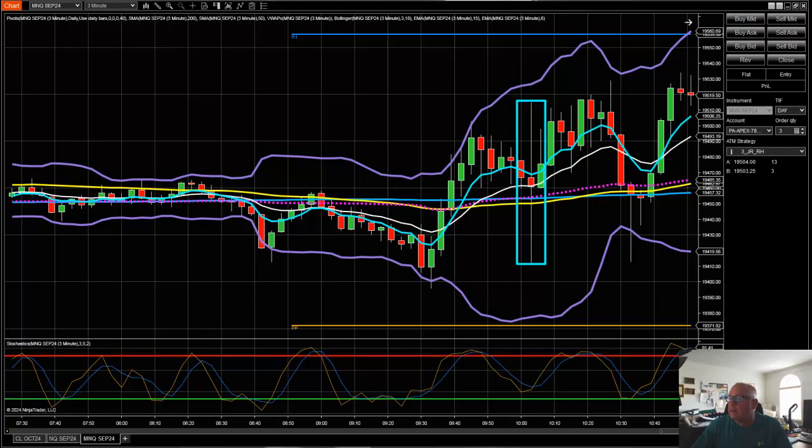So you can see inside that 3 minutes, it opened, went up to start, went down, closed lower, and all that happened very quickly. And I'll show you the tick chart on it. It closes right in that area at the 3 minute mark. Then the next bar opens here, and then it goes up for a little bit.